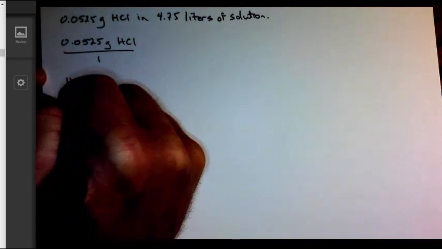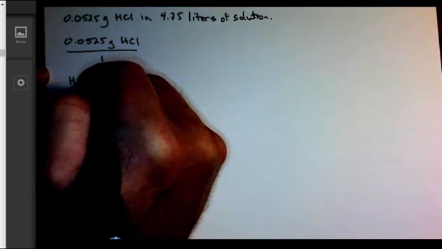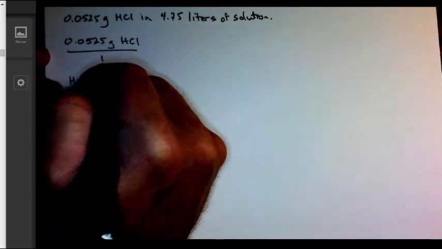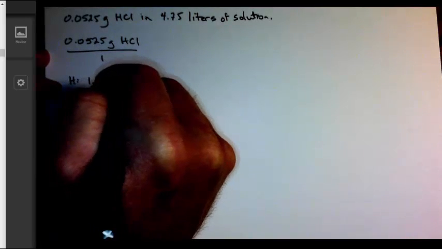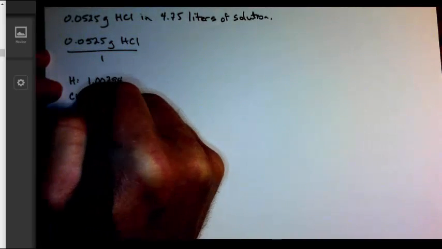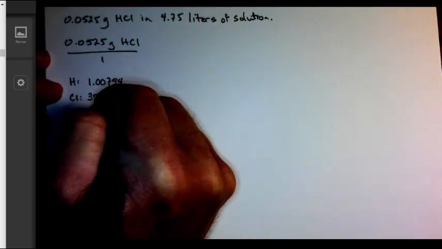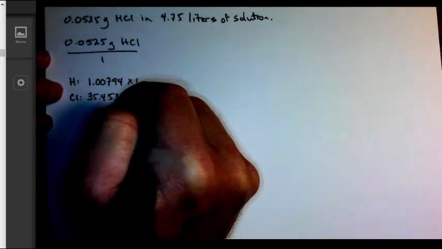Remember molar mass? We did a lot of that with stoichiometry, and we're going to be doing some stoichiometry in a minute too. The atomic mass of hydrogen is 1.00794, and chlorine is 35.453. There's one of each of these.